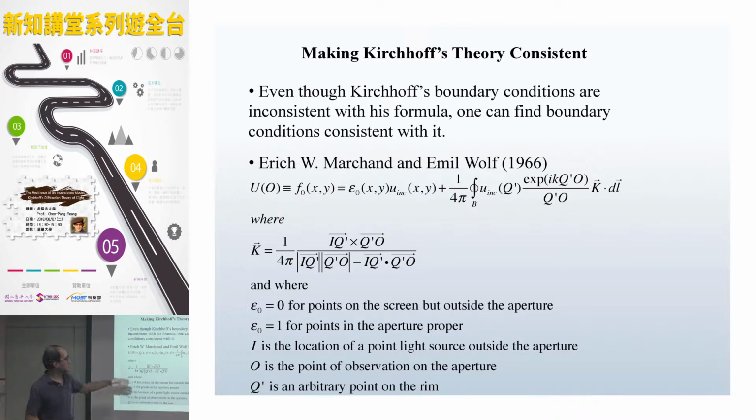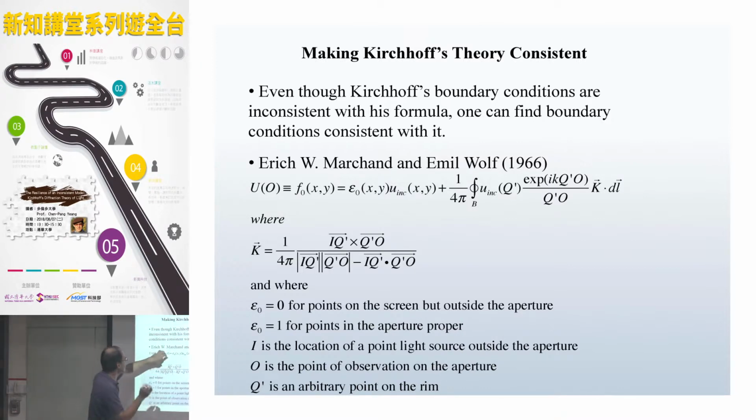They argue that given this boundary condition, they could produce the Kirchhoff formula, and the Kirchhoff formula can converge to this boundary condition on the surface of the aperture and the screen. Okay, so we can say that by 1966, these two scientists eventually gave a more complete formulation for making the Kirchhoff theory consistent.